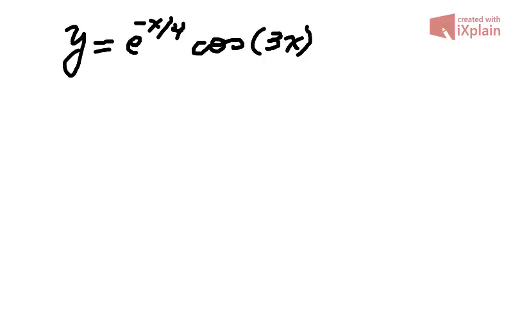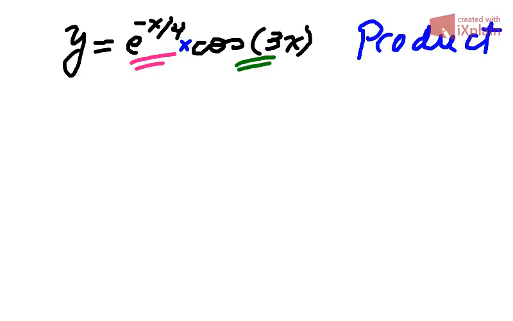It cannot be just a plain composite because we have an exponential function, e to the power of something, and we have a trigonometric function, cosine of 3x. And of course, they are both connected by an invisible multiplication. So this is a product, and we have to apply the product rule to be able to differentiate this function.